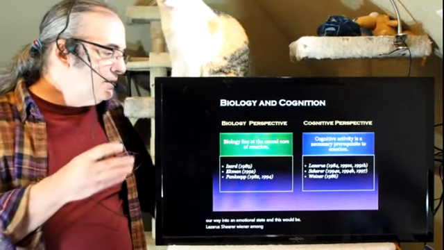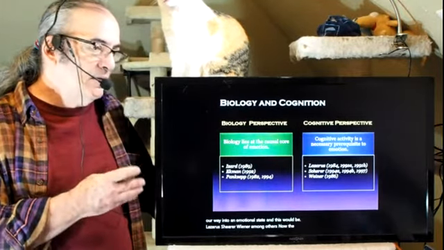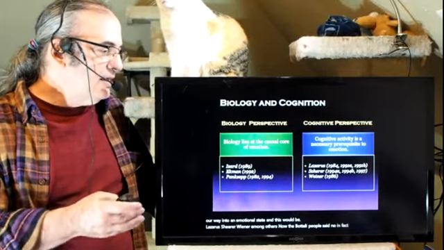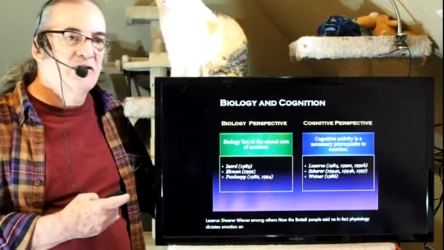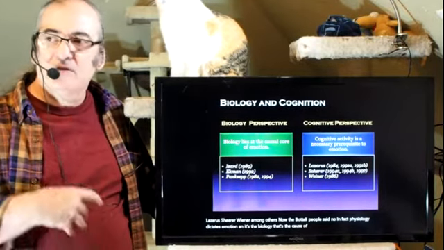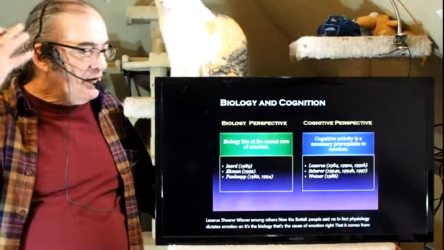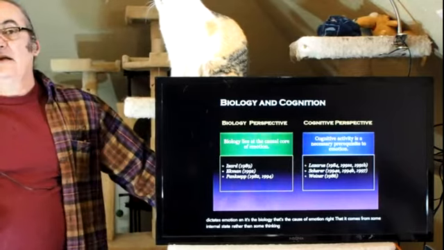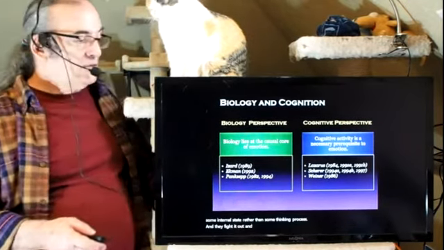Now, the bodily people said no, in fact, physiology dictates emotion, and it's the biology that's the cause of emotion, right? That it comes from some internal state rather than some thinking process. And they fight it out, and they fight it out, and they fight it out some more.